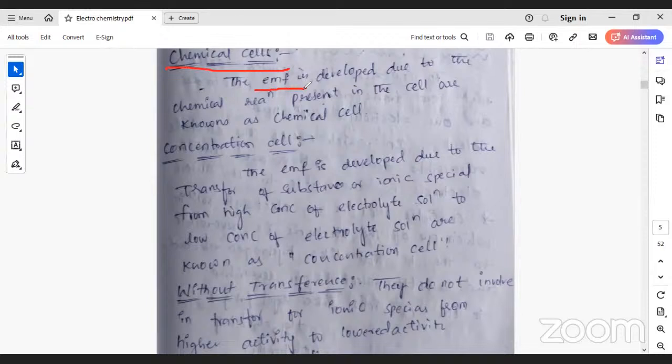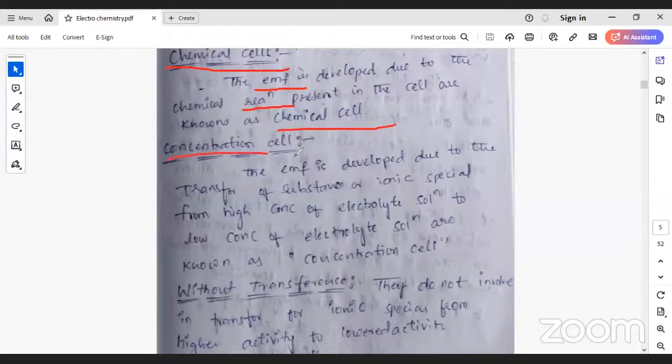How is the potential developed? Due to the chemical reactions. Such cells are known as chemical cells: the EMF is developed due to the chemical reactions present in the cell.